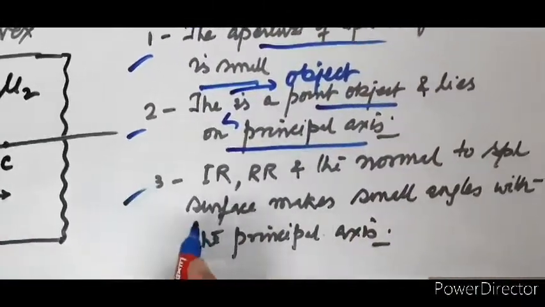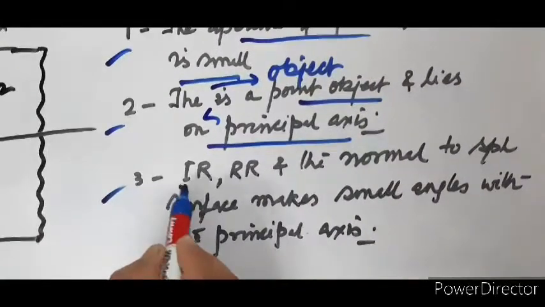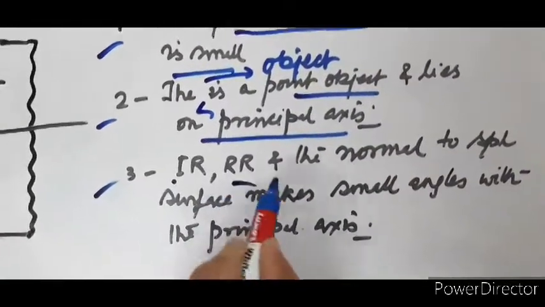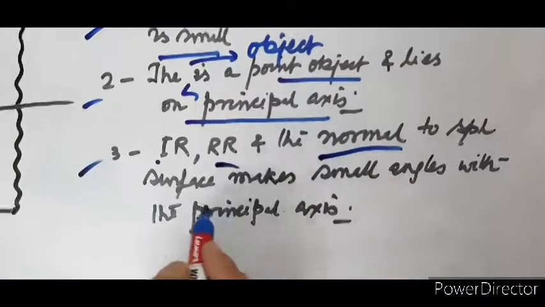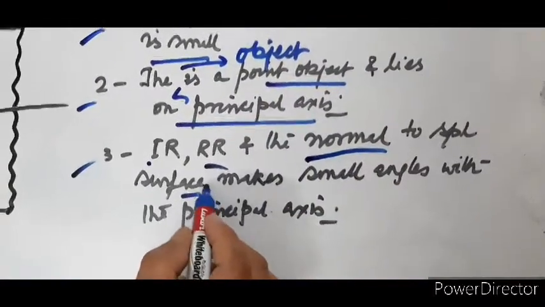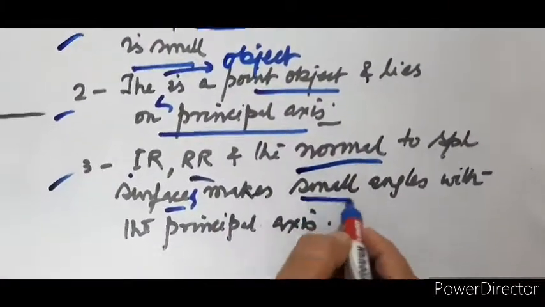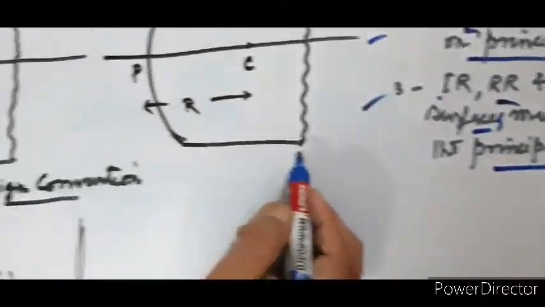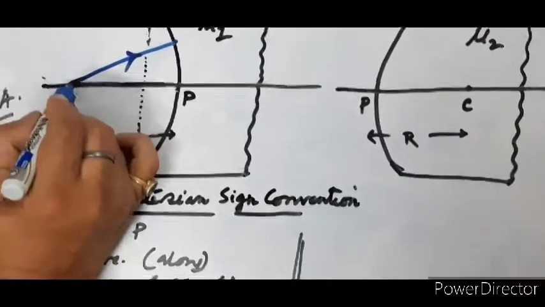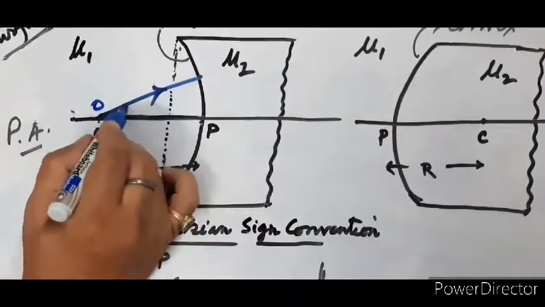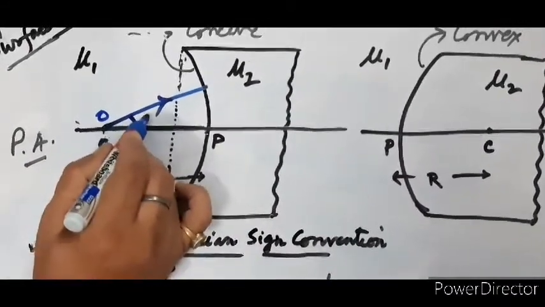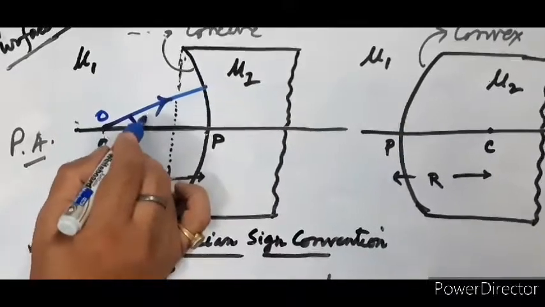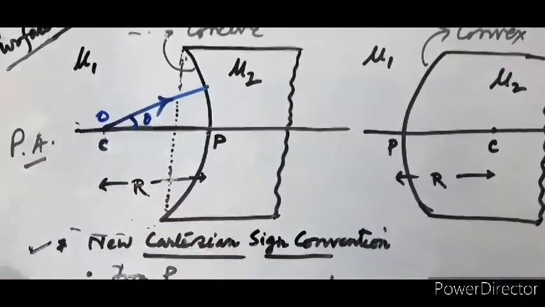The third assumption is that the incident ray, refracted ray, and the normal to the spherical surface make small angles with the principal axis. Like here, this is the object we have taken. This angle with the principal axis should be very, very small. Say this angle is theta, so theta should be very small.